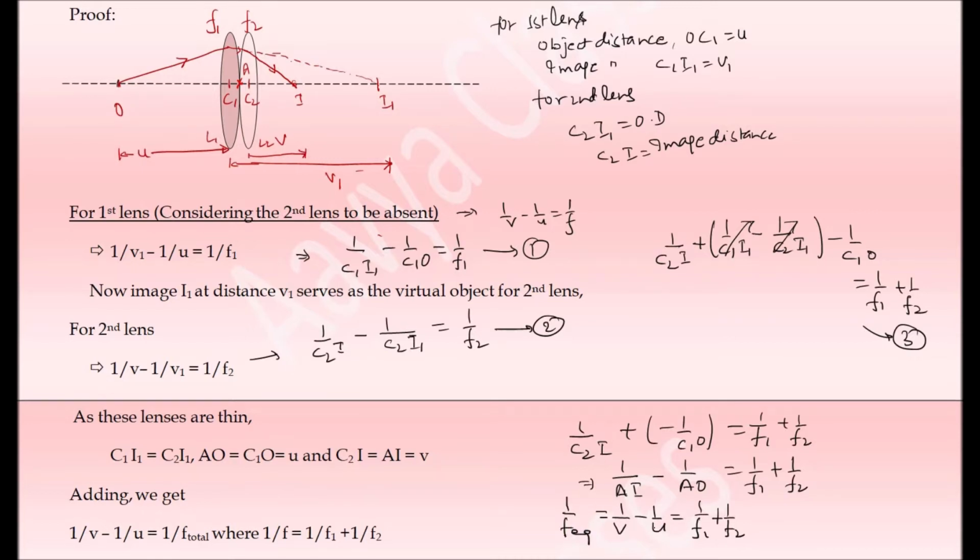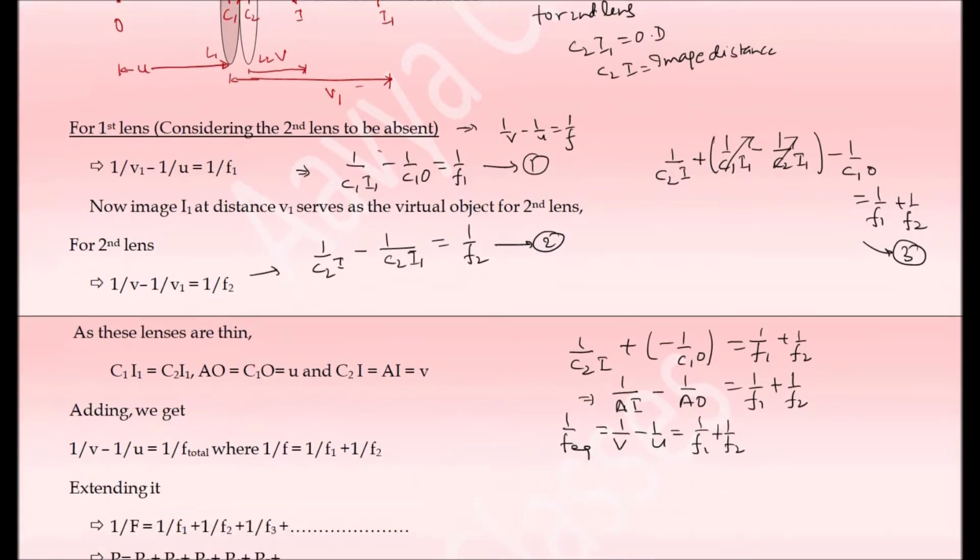So 1 by F equivalent is equal to 1 by F1 plus 1 by F2. So if two lenses are thin and placed coaxially, then 1 by the focal length of the equivalent lens is equal to the sum of 1 by the focal lengths of the individual lenses, so 1 by F1 plus 1 by F2.